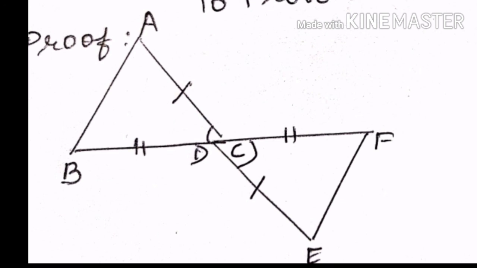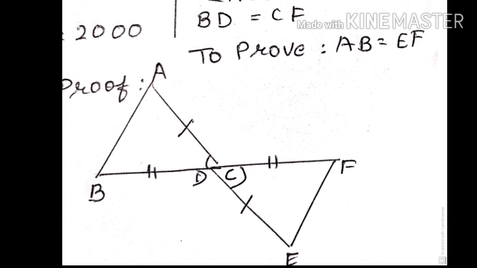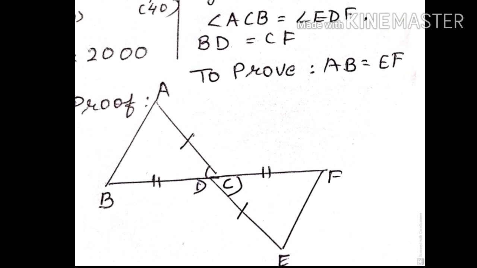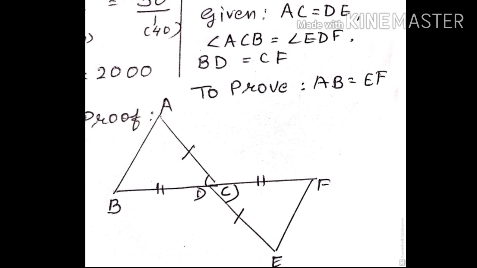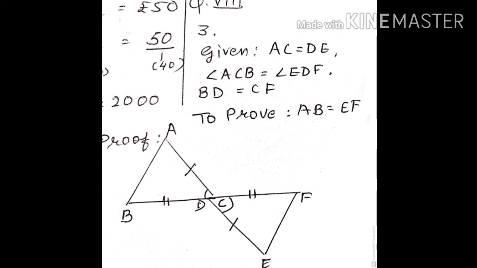Now students, to show that AB is equal to EF, in triangle ABC and triangle DEF we can show the congruency. How do we show it? You can see AC is equal to DE, so by side angle side we can show the congruency, and then we prove it by CPCT.